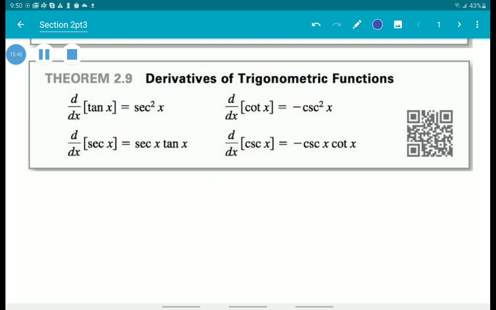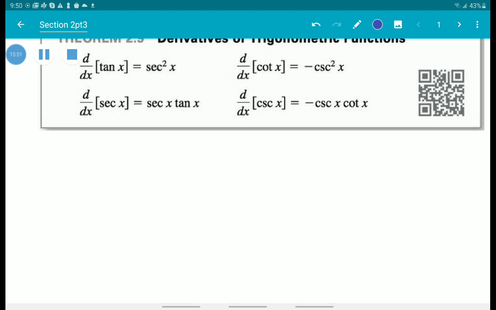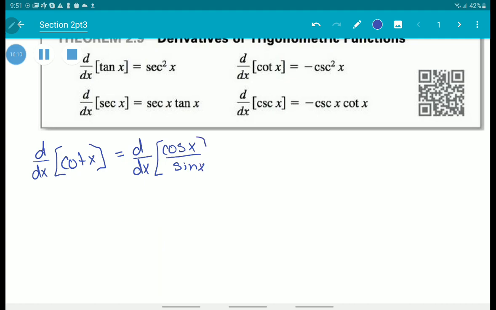So for instance, what if we wanted to take the derivative of cotangent of x? Let's do that one. Well, cotangent is the same thing as cosine over sine. So using that quotient rule, it says it's the bottom times the derivative of the top minus top times derivative of the bottom over the bottom squared.